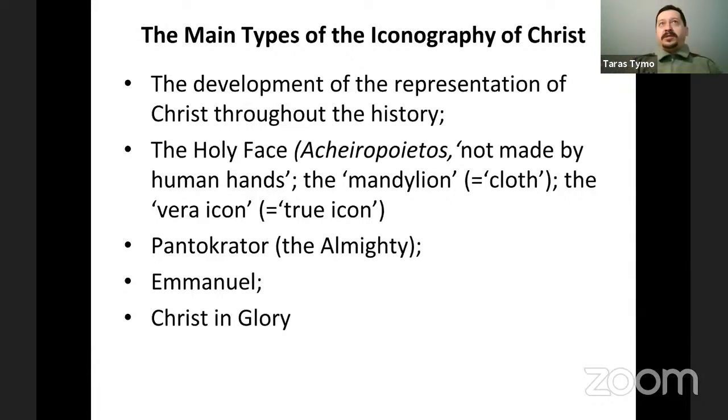We will pay special attention to the image of the Holy Face in this development. How did this image contribute to this fixation of a certain conventional portrait of Christ?